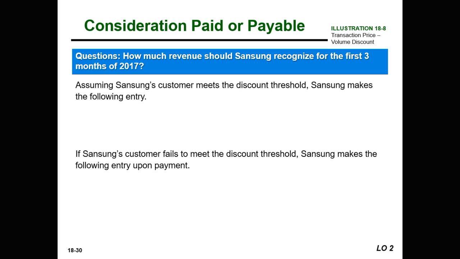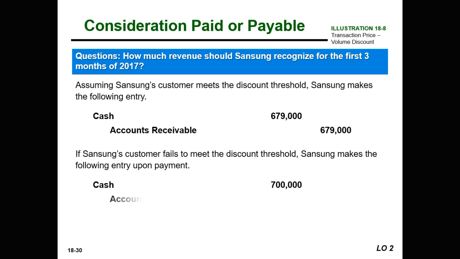Assuming Samsung's customer meets that discount threshold, we would make the entry to receive the $679,000 worth of cash and close out the accounts receivable. If, for some reason, the customer didn't meet the threshold and will pay $700,000 in cash instead, we would reduce accounts receivable by $679,000, and we would credit sales discounts forfeited for the $21,000 or the 3%.